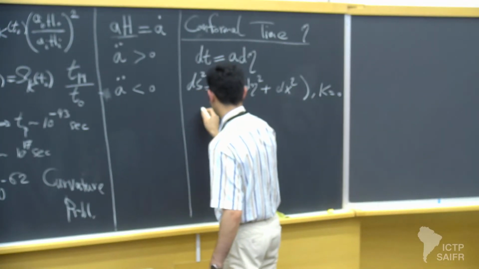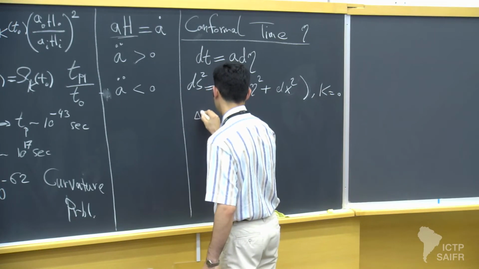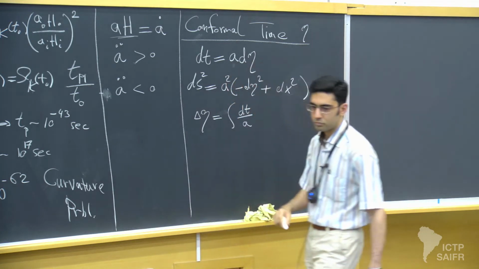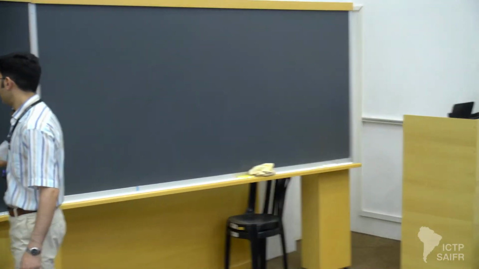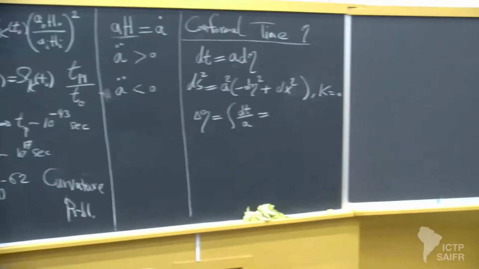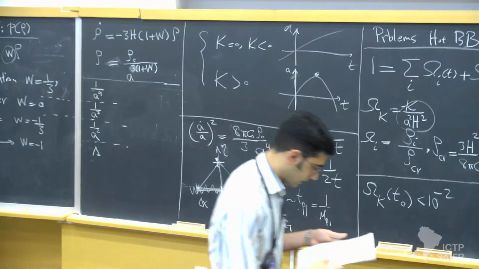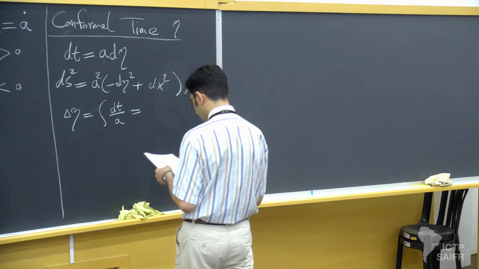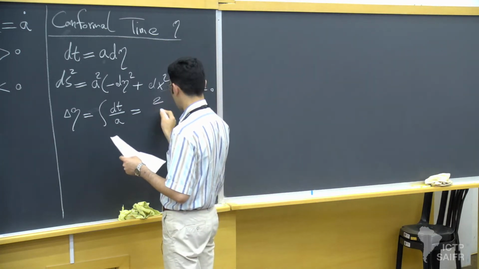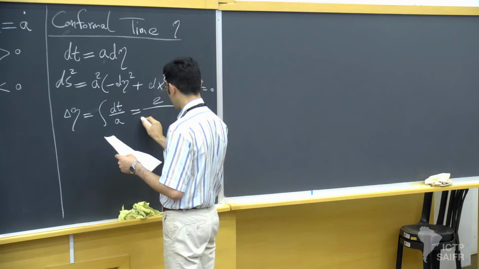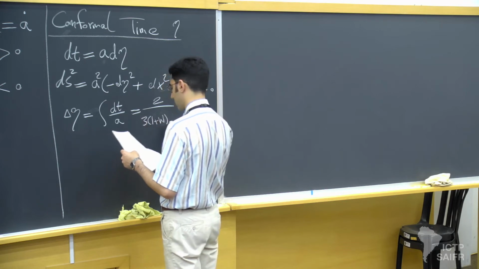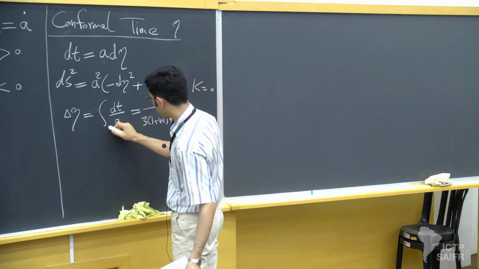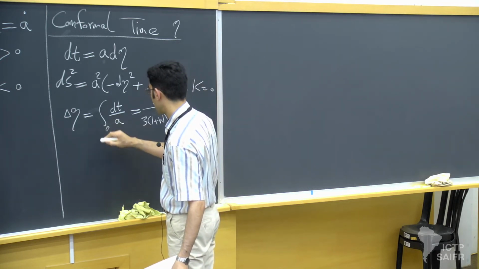So how do I calculate the conformal time? It's easy. It's just integrating dt over a. And in general, for general w, as long as it is larger than minus 1/3, I'm going to get 1 over 1 plus 3w times Ha, and I'm assuming that I'm calculating it from 0 up to some time t.